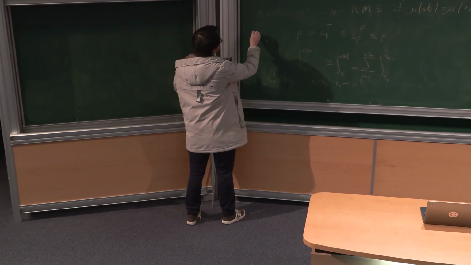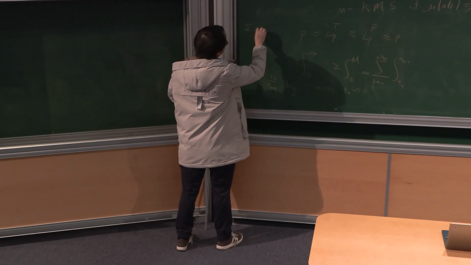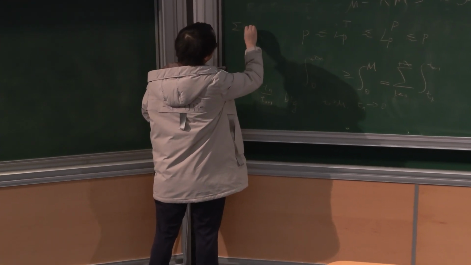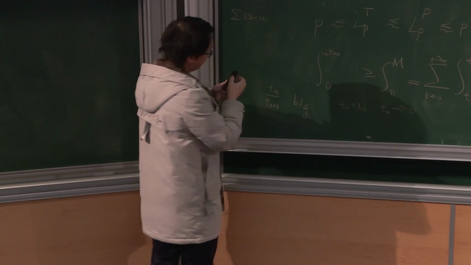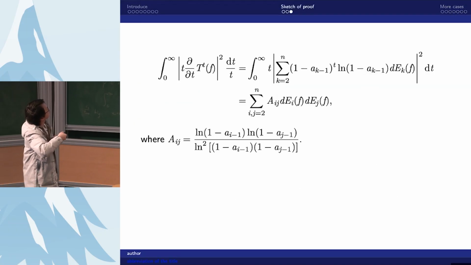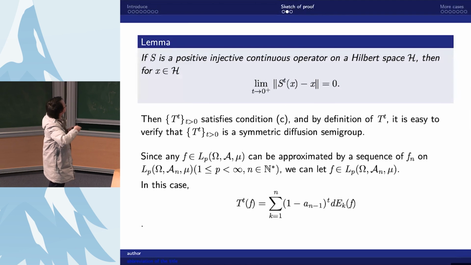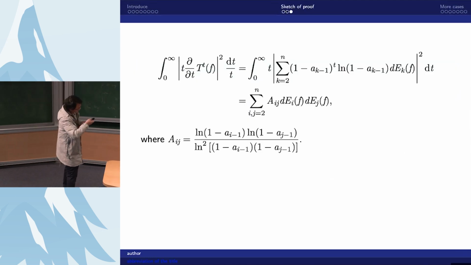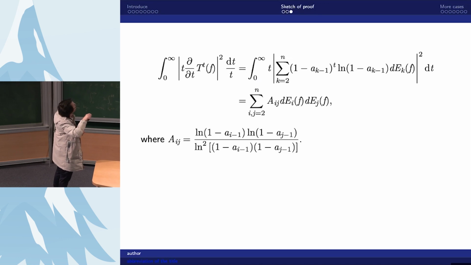It means that I will go back to the classical case. It's here. So it's the sum of the t times log.